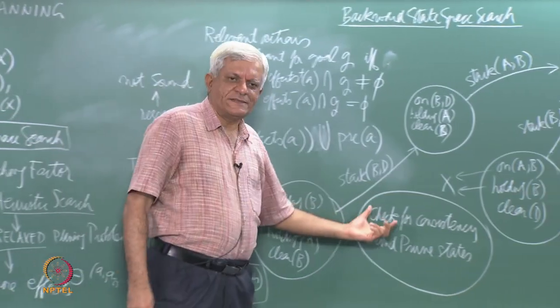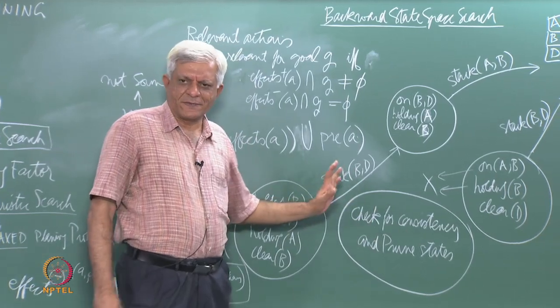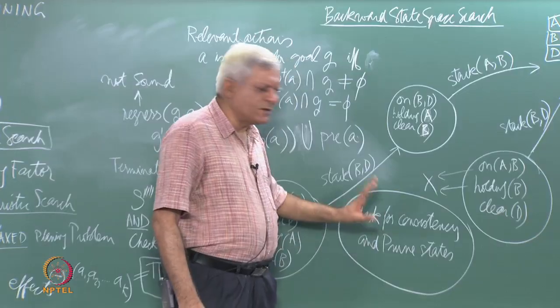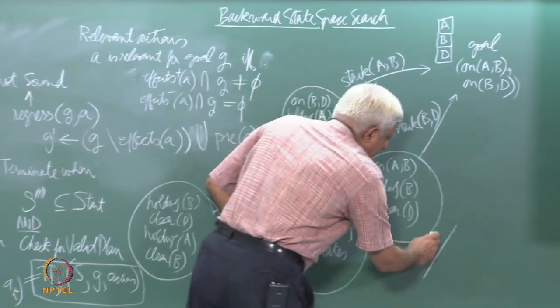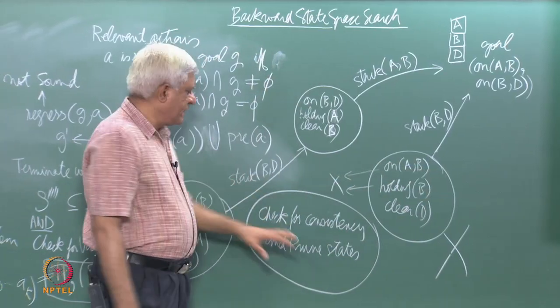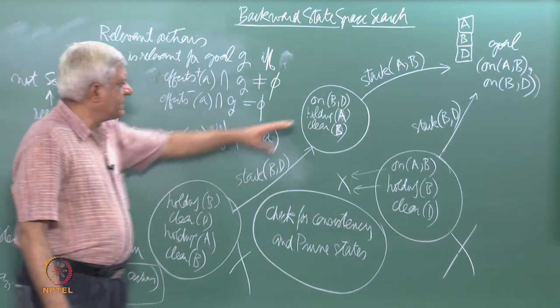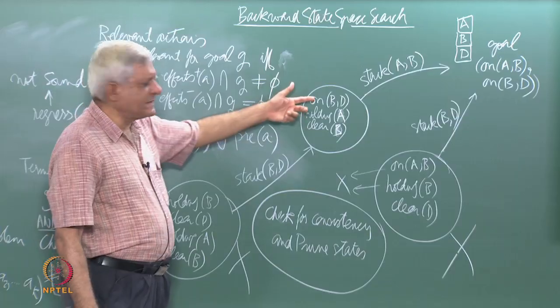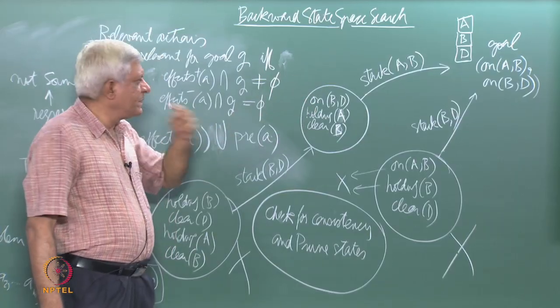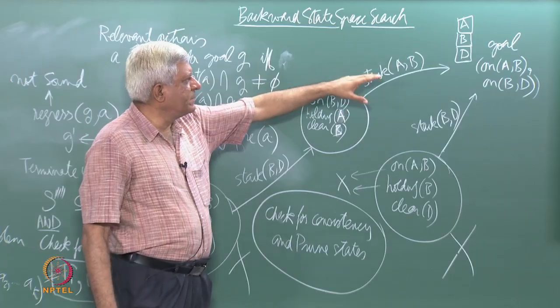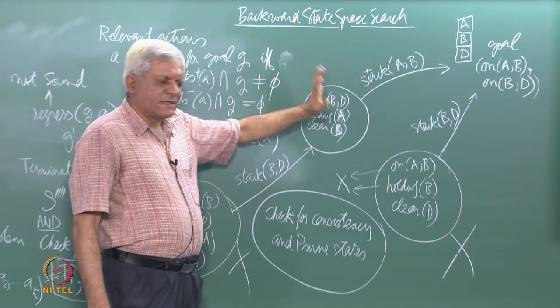This check for consistency is basically trying to prune states. It is saying remove this state, do not go backward from here, or remove this state, do not go backward from here, instead go along this direction. Now, as you can see, in the actual plan this will be the last action, stacking A on B, that will necessarily be the last action.